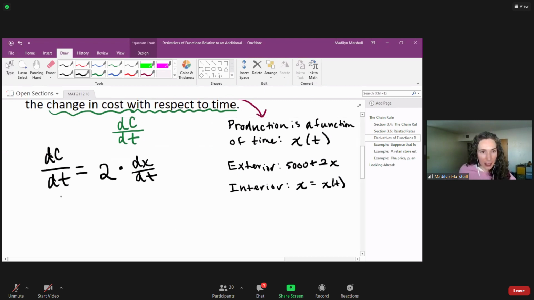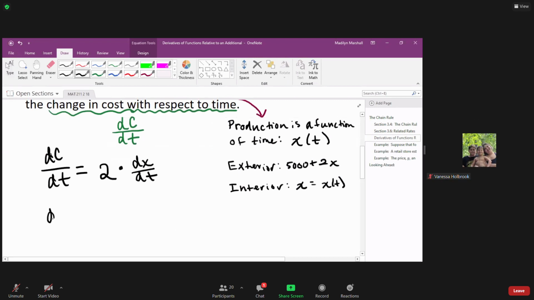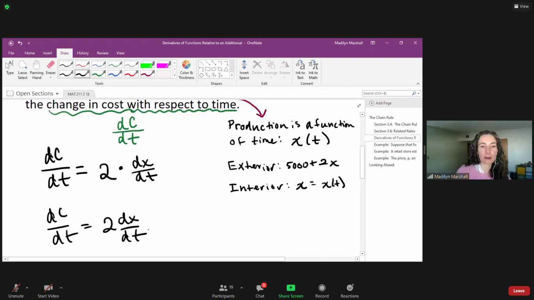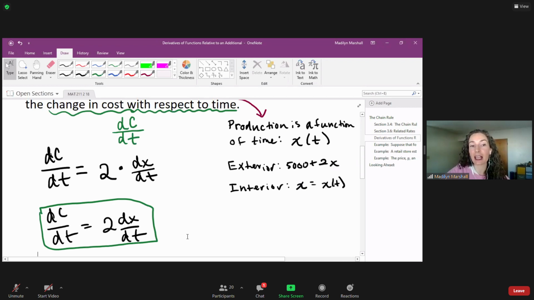And that little dot notation is not necessary since we're just multiplying. So the derivative of cost with respect to time is just the regular derivative of cost multiplied with dx dt.